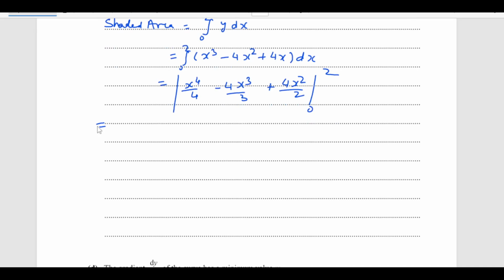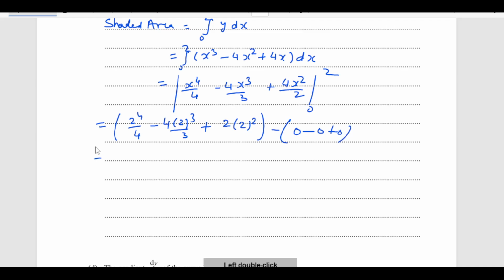First we put 2 power 4 over 4 minus 4 into 2 power 3 over 3 plus 2 into 2 squared, and then when we put the lower limit and subtract, as you can see, all of them are 0. So there is no use of that.